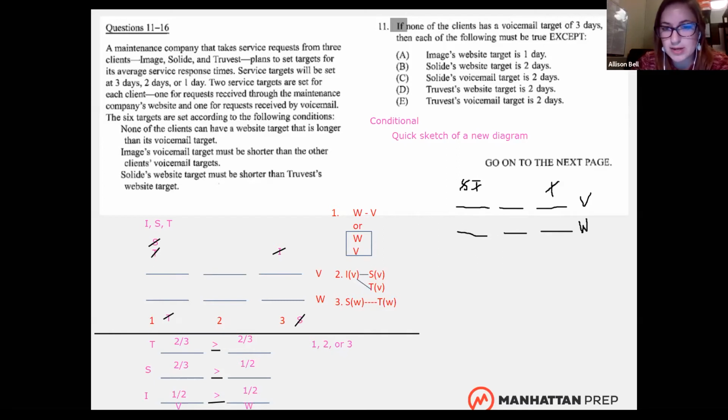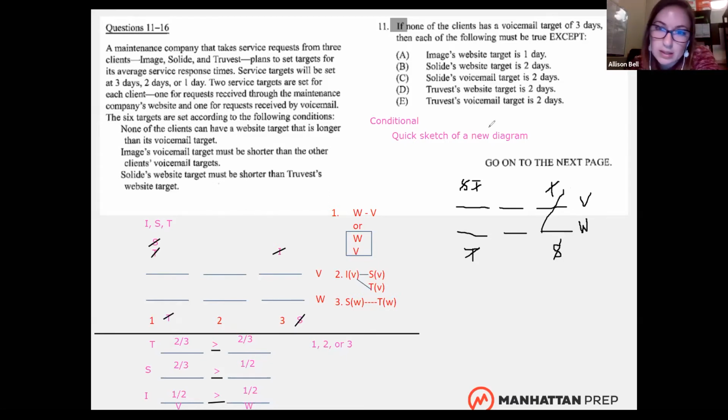It takes a minute to jot those down, but I typically find it's worthwhile to have that information right in front of me as I'm working through a question, rather than having to constantly look back and forth to my original diagram. Once I've done that, then I'm going to put down the new piece of information. So no one has a voicemail target of 3 days. I'm going to cross off the third space altogether.